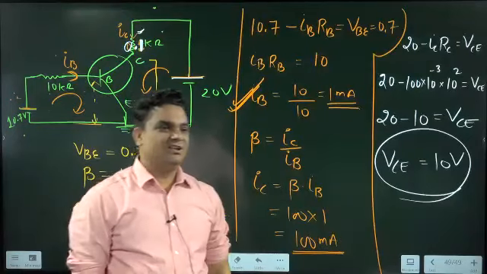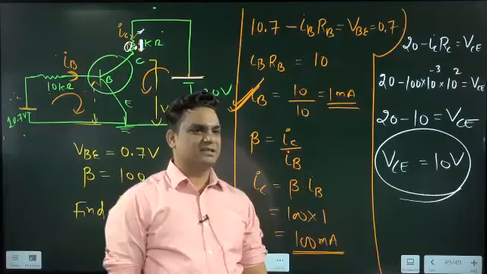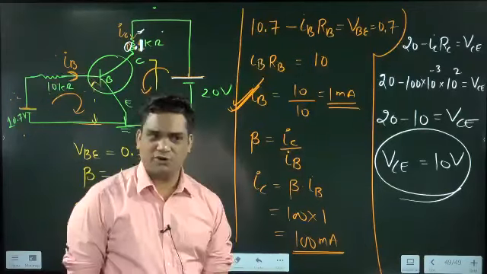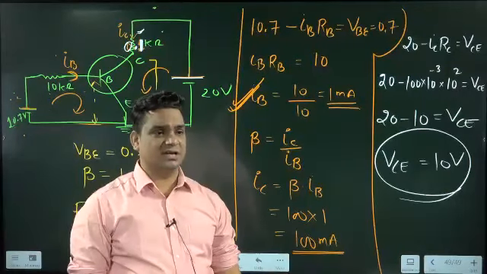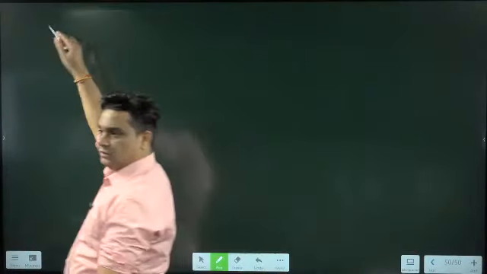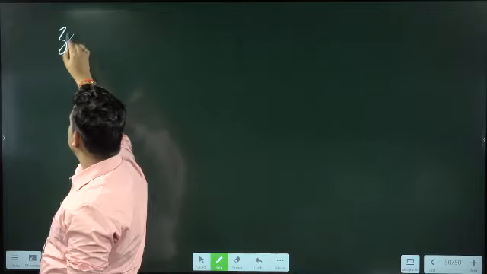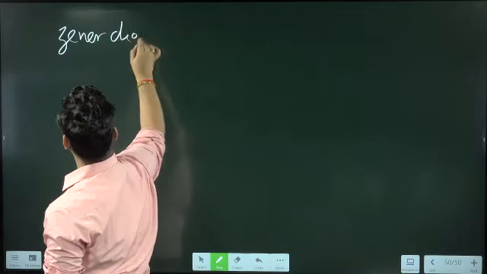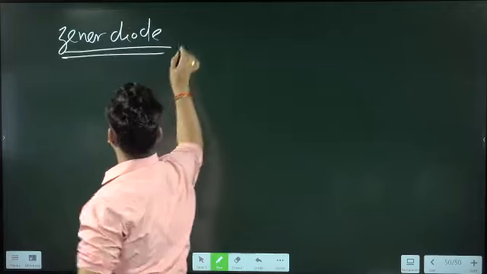Now I will do logic gate. I think you know, logic gate is a simple thing. And Zener diode also you know, because so many times I have taken the Zener diode. Okay, listen. Zener diode is basically used for voltage regulation, you have to remember first.